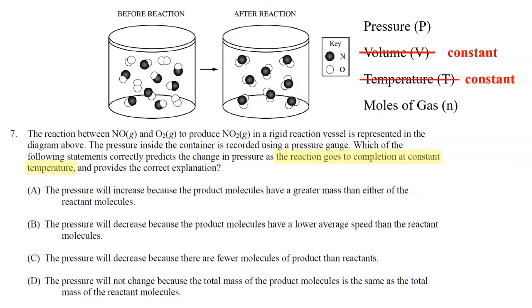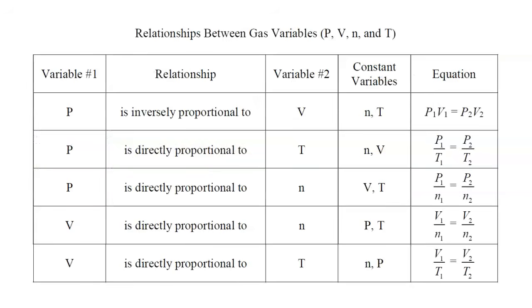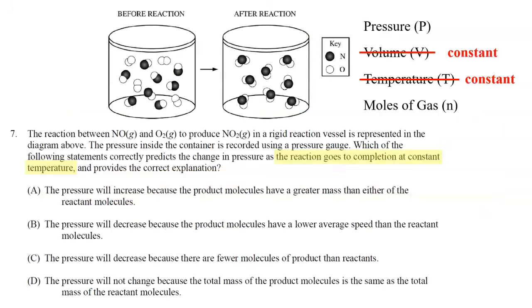And as I've mentioned a few times in this video, under conditions of constant volume and temperature, pressure is directly proportional to the number of moles. So let's focus our attention on the number of moles, and see how the number of moles or the number of molecules of gas changes during the course of this reaction.